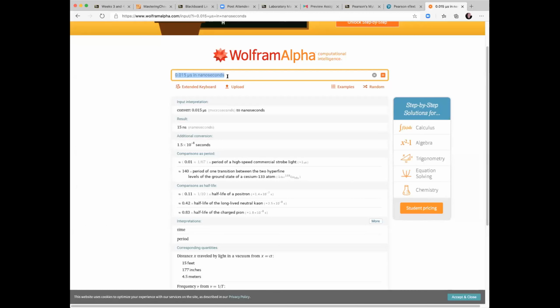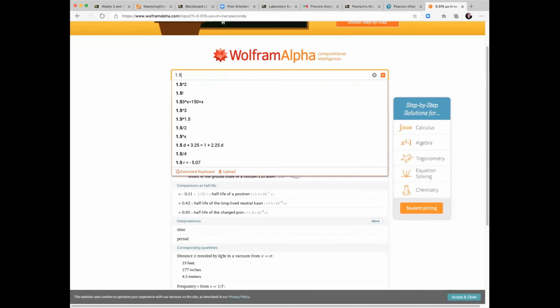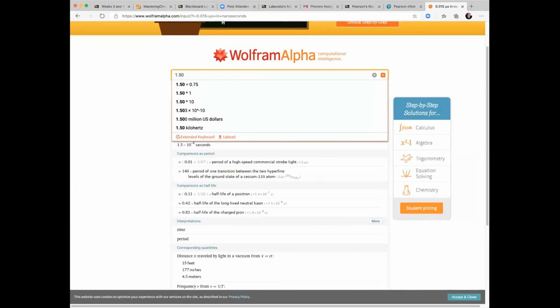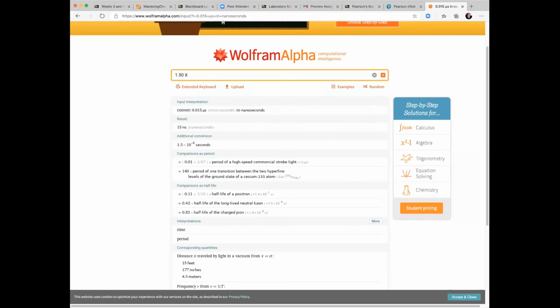So we have 1.50 times 10 to the, and I think Wolfram Alpha likes this symbol, the little symbol on top of the number 6 on most keyboards. I think it's called the caret sign.